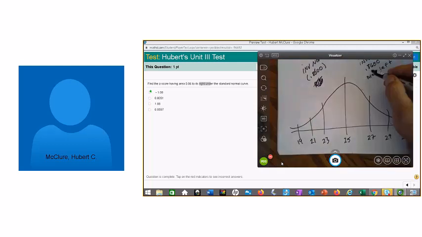So inverse norm 0.86. Somebody do that. What do you get? It should be negative 1.08. Yeah, that's what I got. Okay. All right. That's it.